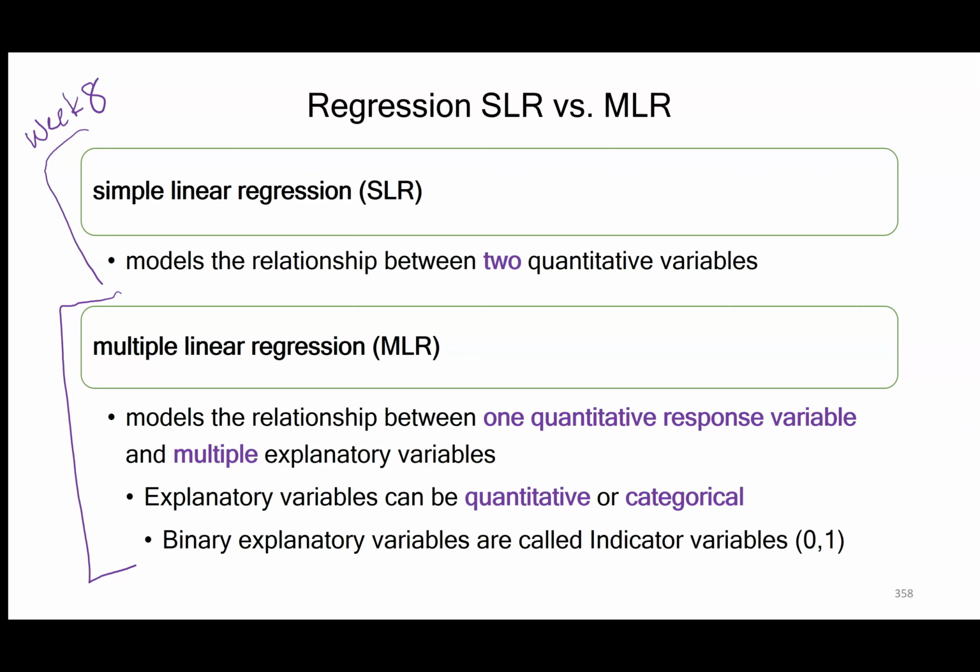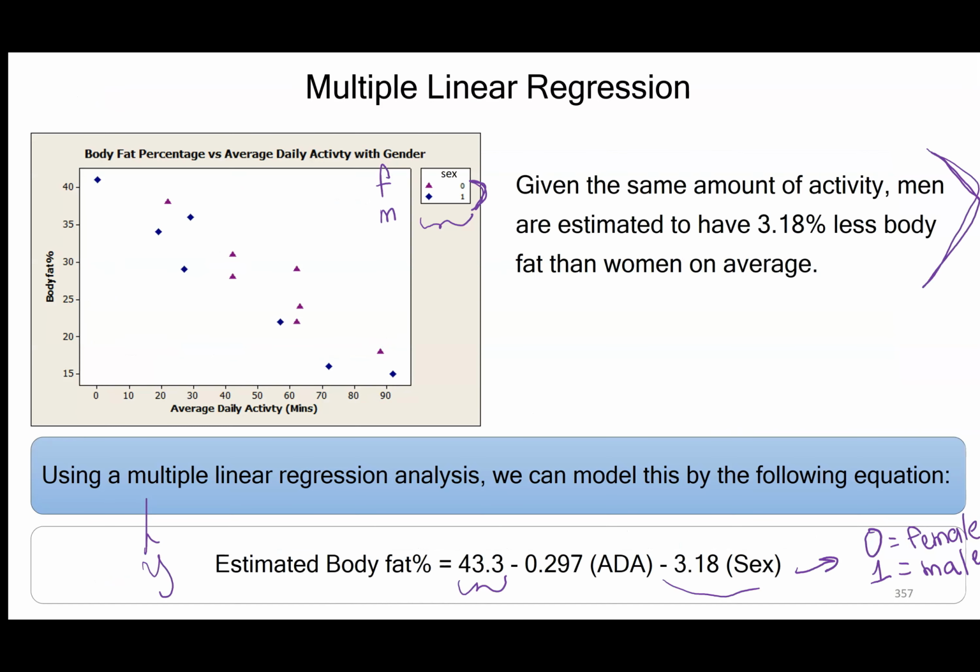The explanatory variables can be quantitative. Usually at least one will be. They can be categorical. They can be a mix. So they can be either. And binary explanatory variables, we tend to call them indicator variables. So, for example, in this right here, this sex variable, it's a 0 if it's female, 1 if it's male.